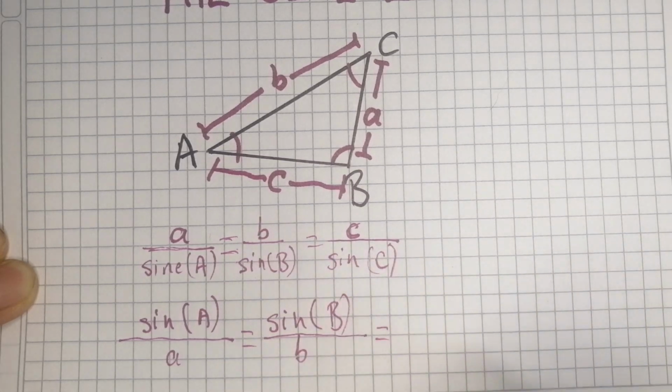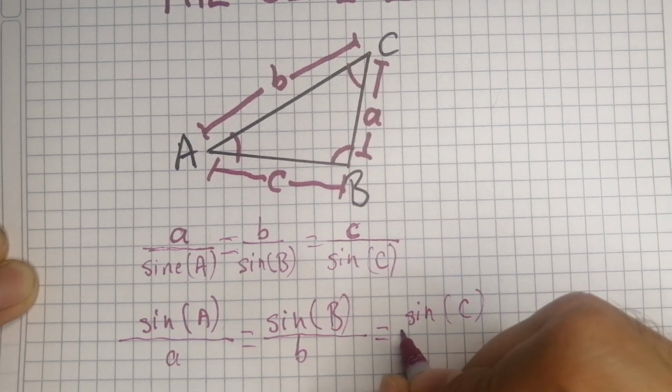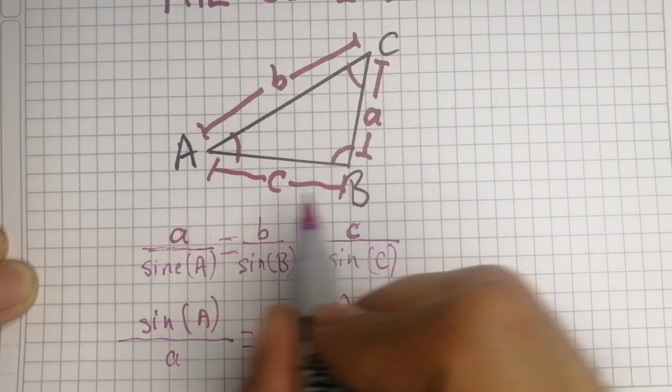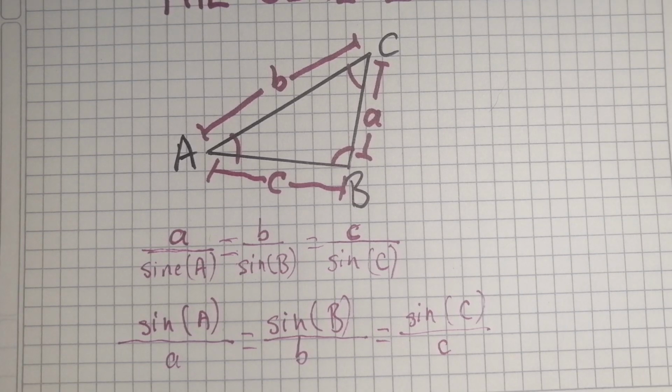And this is the same as saying sine of the angle C divided by the length of the segment AB, represented by the lowercase c. So this is the statement of our sine law.